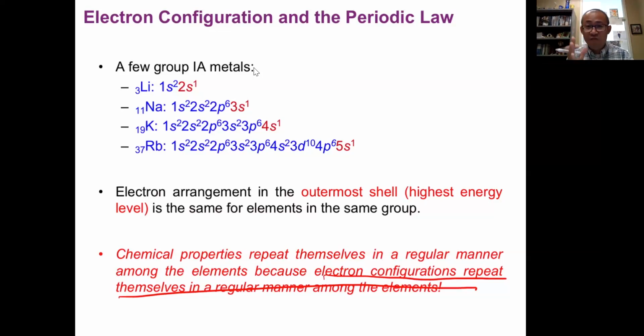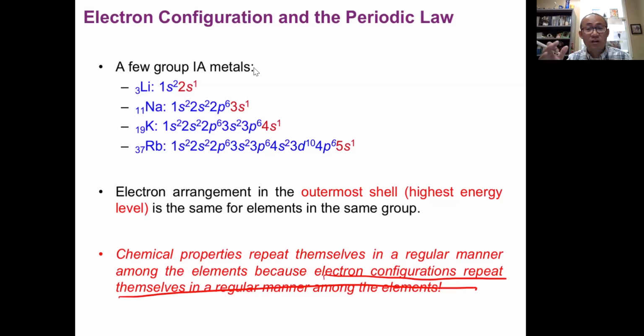But the electron configuration s1 is the same for these elements. The reason the periodic table cycles, repeats, is that the electron configuration repeats.